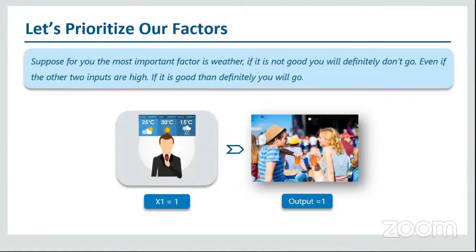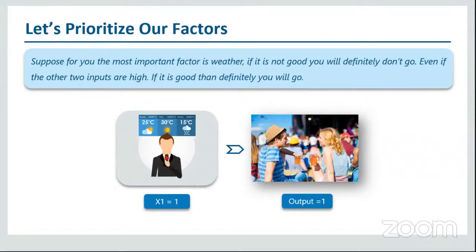Imagine there are three questions: weather, spouse accompanying, and public transportation availability. You are trying to see which input is of higher importance. Suppose for you the most important factor is weather. If it is not good, you will definitely not go, even if the other two inputs are high.